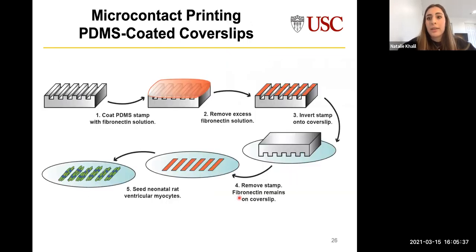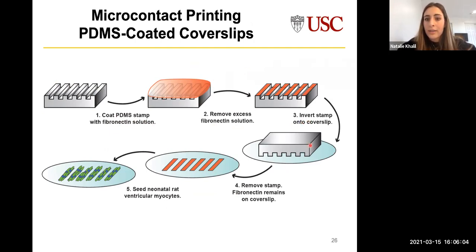And this is the process of microcontact printing, but up close. So in this case, we start with rectangular lanes. We coat this PDMS stamp with cell adhesion proteins. In this case, we're working with fibronectin. And then we use compressed air to remove any excess fibronectin solution. So we're just blowing off the excess solution.